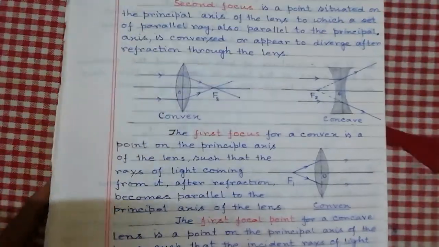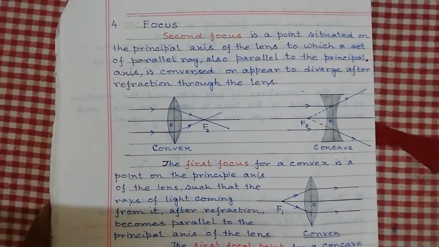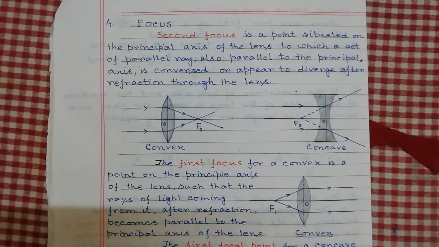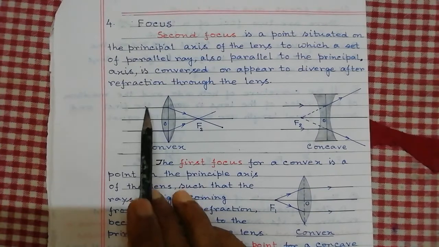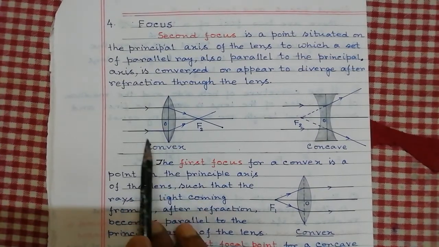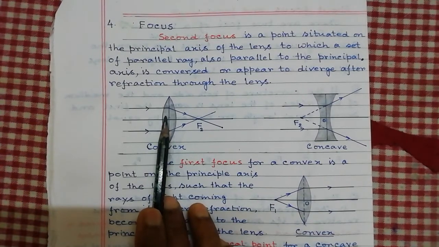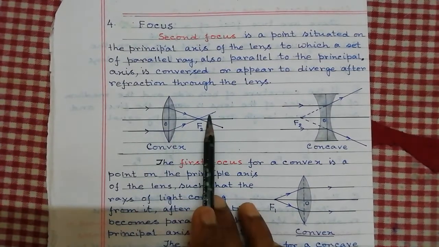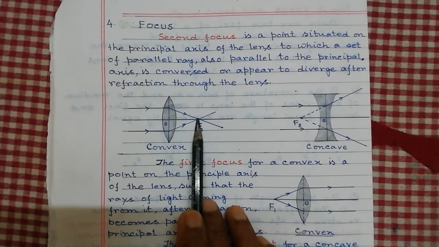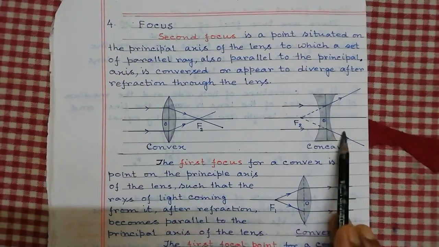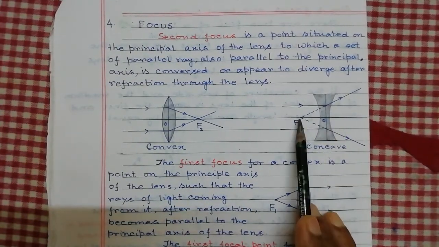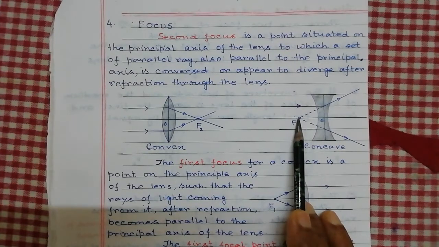Now the next very important term is the focus. What is focus? First of all, there are two types of focus: the second focus and the first focus. For the second focus, a parallel beam of light, parallel to the principal axis, after refraction through the lens, converges at a point on the principal axis, or seems to diverge from a point on the principal axis.